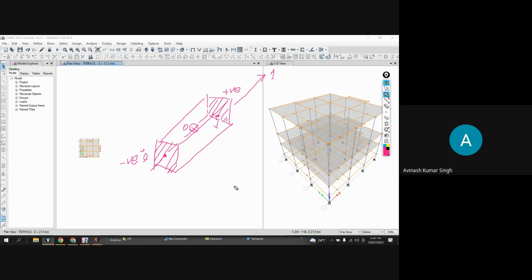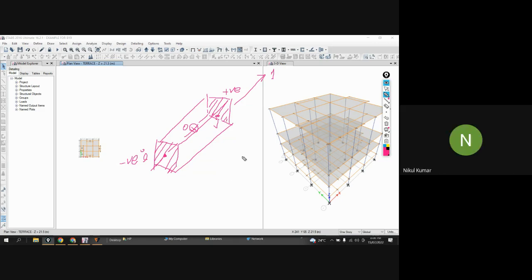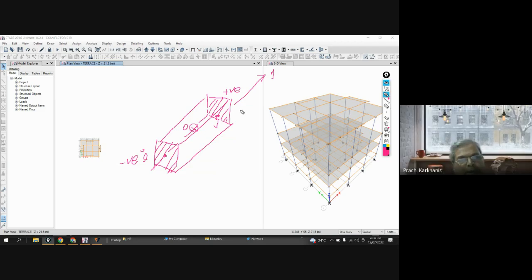Now the convention is that on a positive face, if the force is acting in the positive direction, it will be considered positive. On a negative face, if the force is acting in the negative direction, then it will be considered positive.